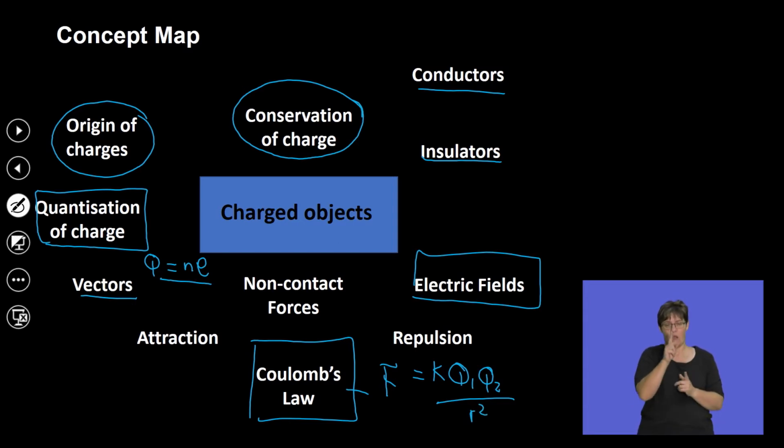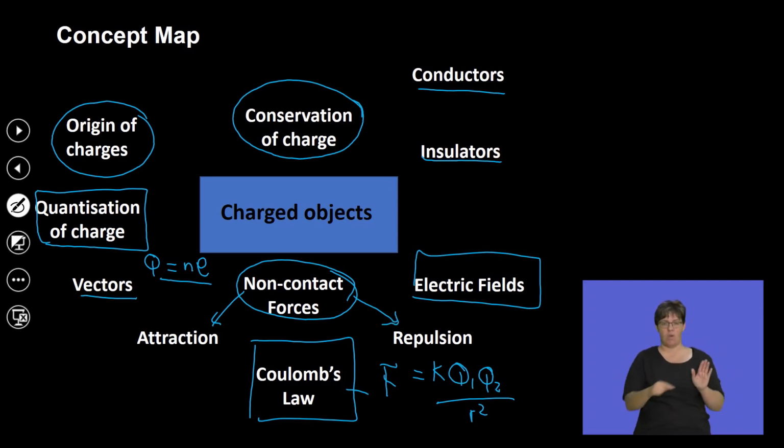So Coulomb's law has to do with electric fields as two point charges interact in space, and the electrostatic force is precisely a non-contact or a field force. So the type of force can either be attraction, which is opposite charges, or repulsion, which has to do with like charges.